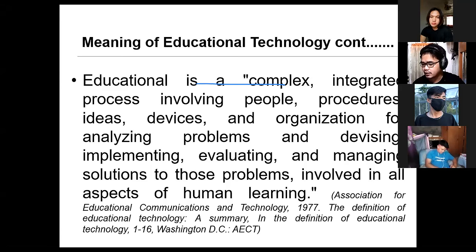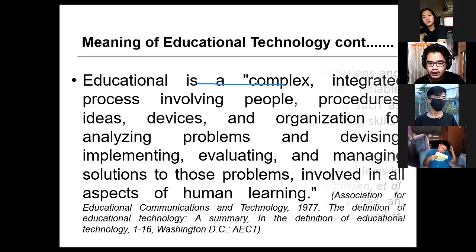And this process includes these particular steps right here. So basically, it all goes down to having your students learn your subject matter using the instructional materials or learning resources that you designed for them.